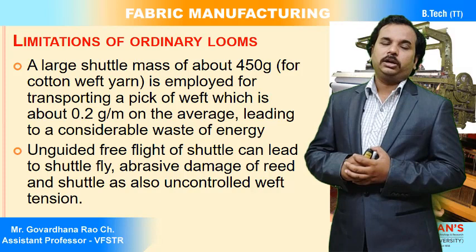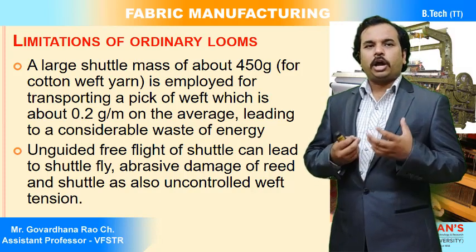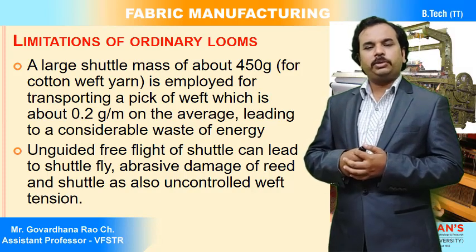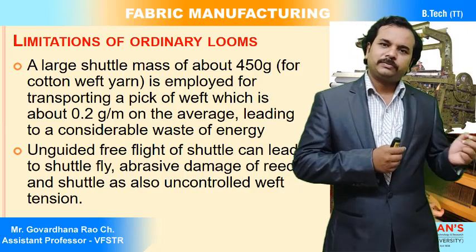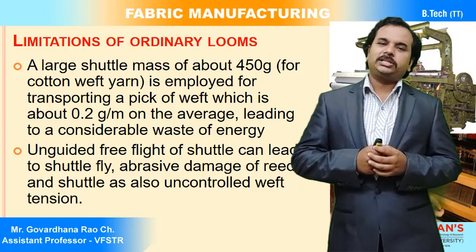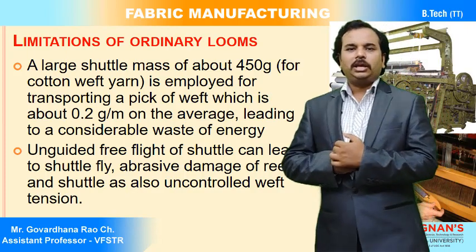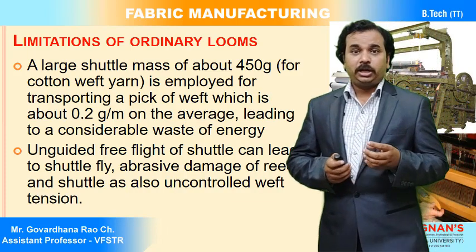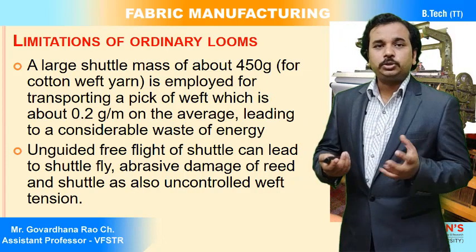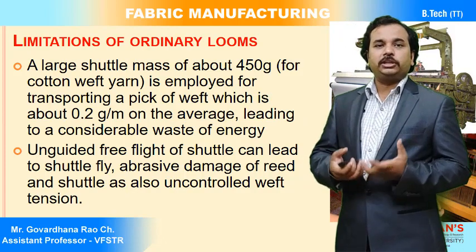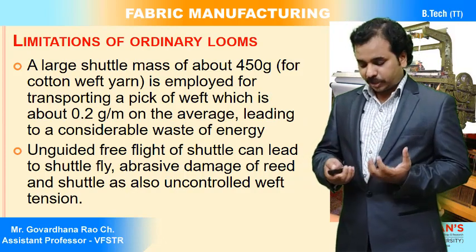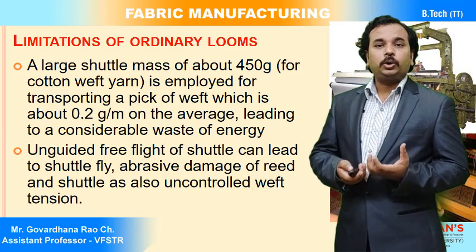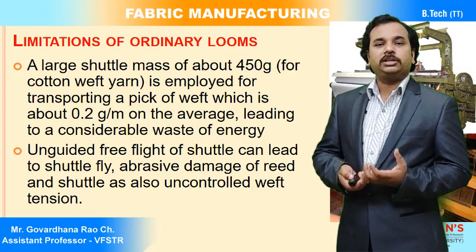And there is uncontrolled weft tension because the shuttle carries the weft package, and whenever the shuttle goes, the yarn withdrawal occurs from the weft package. So there is no controlled weft tension.